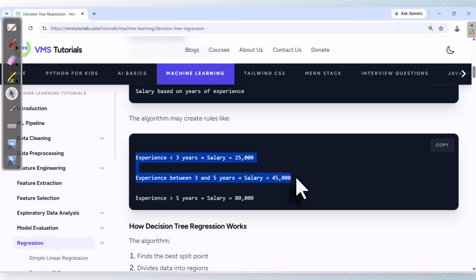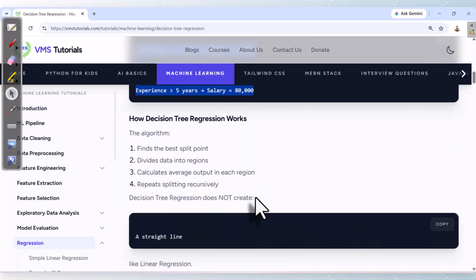That is another kind of rule. If the experience is greater than 5 years, then the salary will be 80,000. So the decision tree regression algorithm creates this kind of simple rules, and based on these rules, it predicts the numerical values.